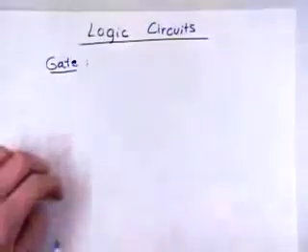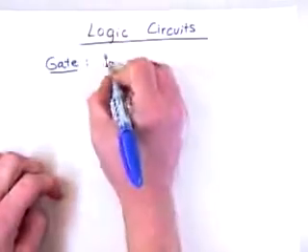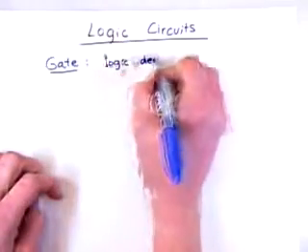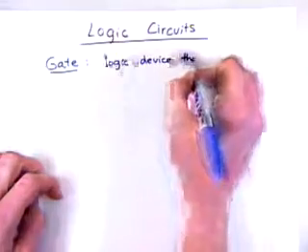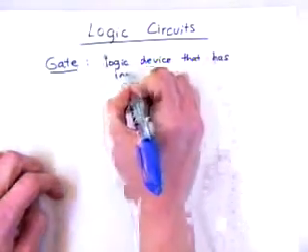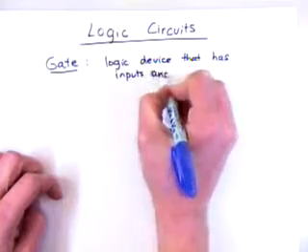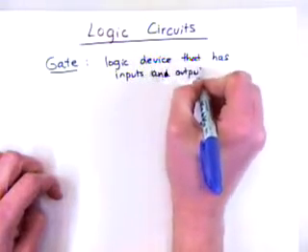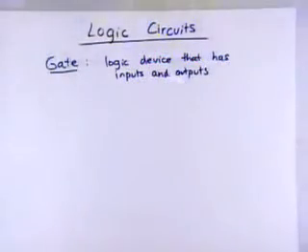So in general, a gate is a logic device that has inputs and outputs. And in general, the output depends on the input. In general. It might not. A gate also is just like a function.